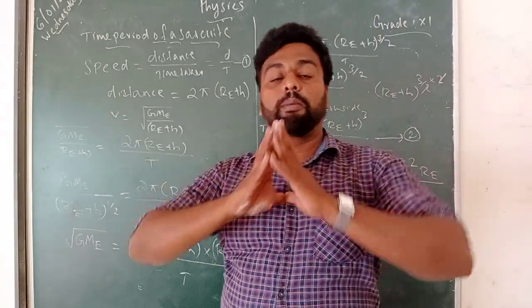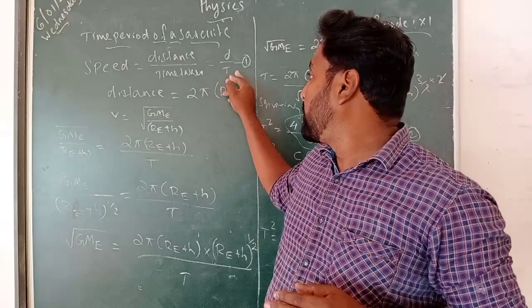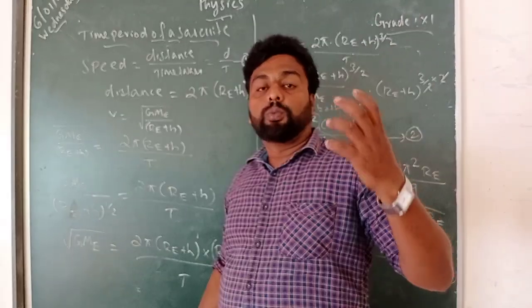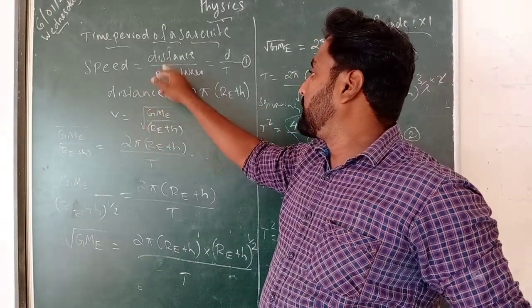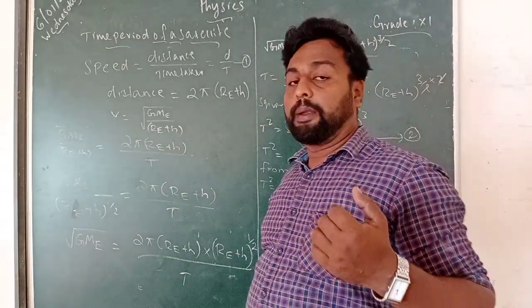The time taken for one complete rotation is called the time period. The distance covered by the satellite is 2 pi r, and here the r value is r plus h. Then speed is orbital speed, root of G Me by r plus h.